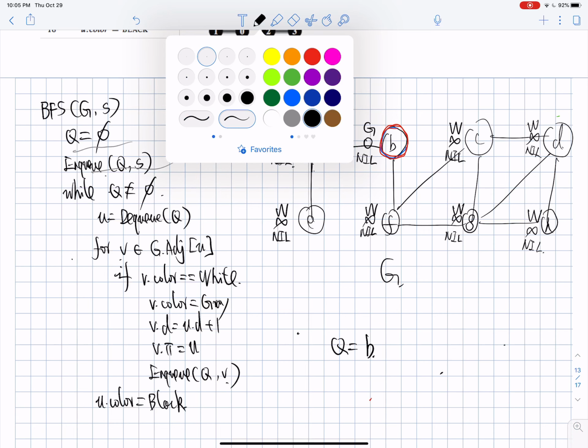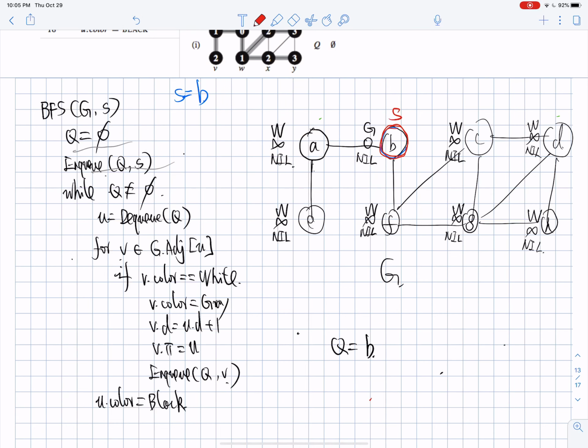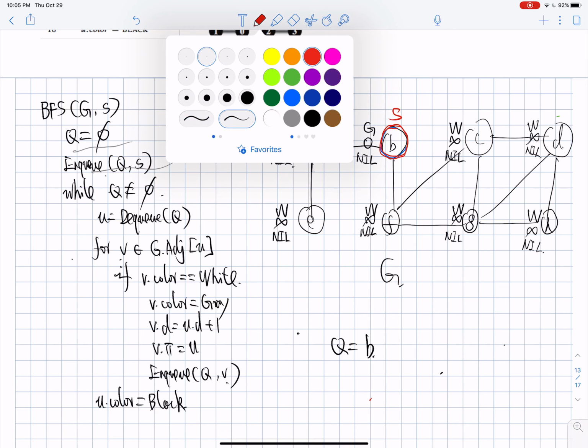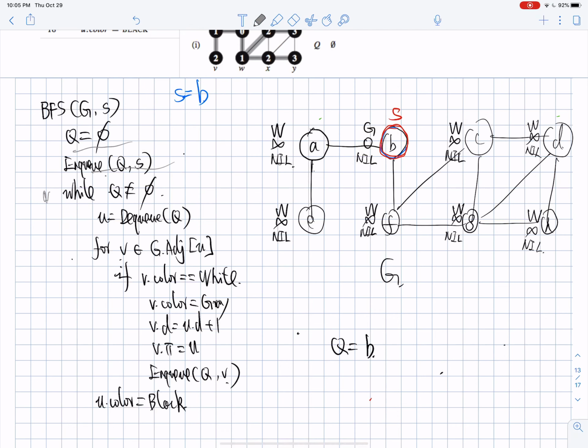I'm going to use red color to denote that this is our source. Then we go to the line while the queue is not empty. Of course, this queue is not empty because it includes one node, so we dequeue, and this node is removed. Then we get u equal to B.